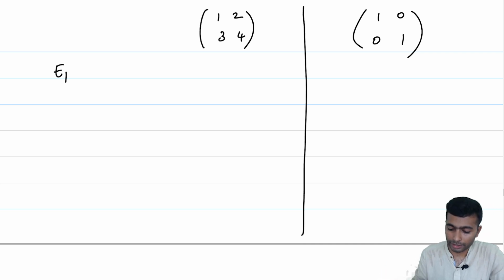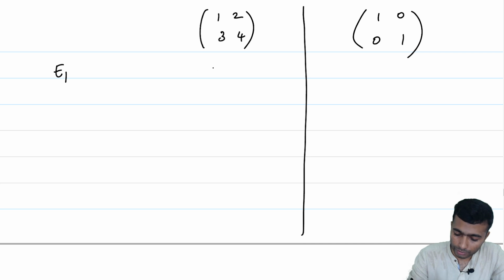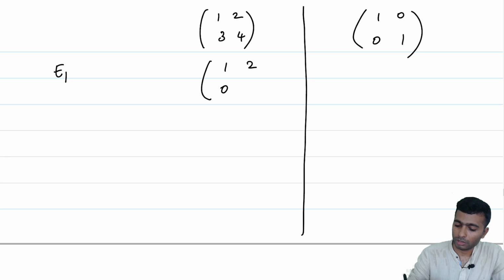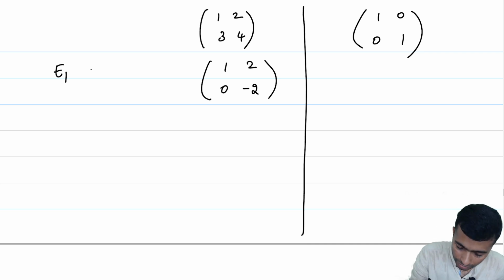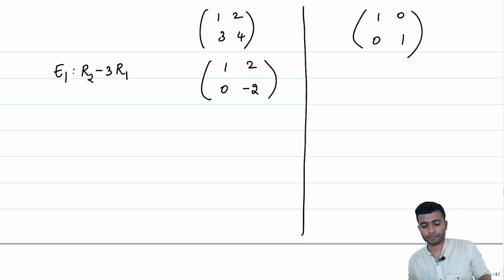So, the first operation E1 would be to make the second entry 0. So, this is basically 3 times row 1 subtracted from row 2. So, this gives 1 2, nothing changes there, it will be 0, and 4 minus 6 is minus 2. So, let me just write it like this. Row 2 is row 2 minus 3 times row 1. This is what we are doing.